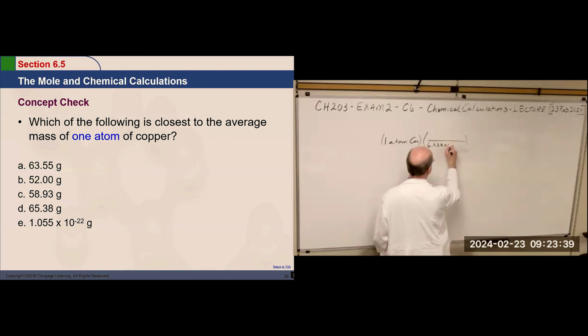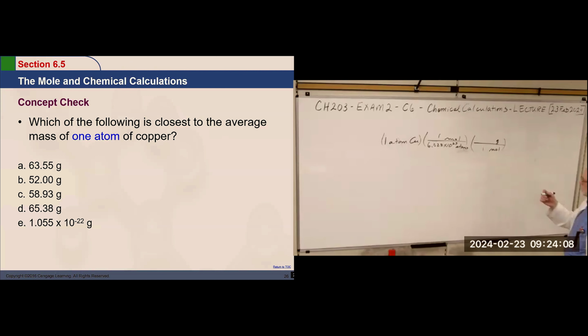It's a fraction of a mole. And now we can go from moles to grams. All we need is the conversion factor for copper, which is 63.55, I think. Yeah, 63.55. Okay. And that will give you the mass of one atom. There it is.